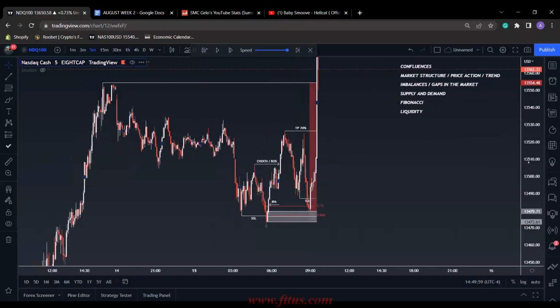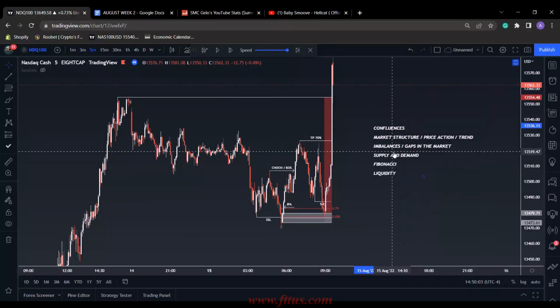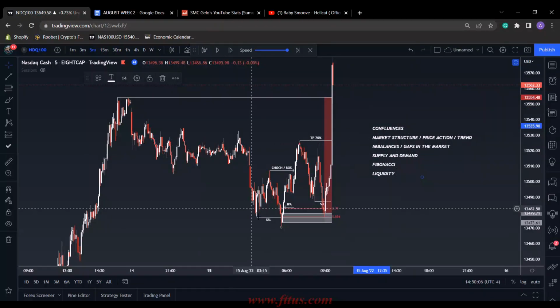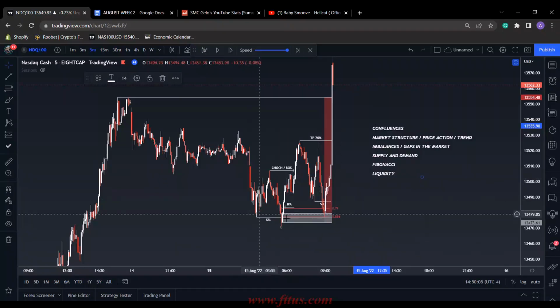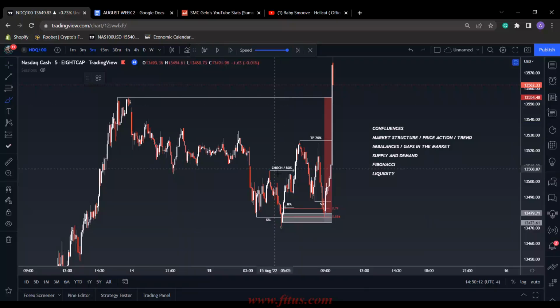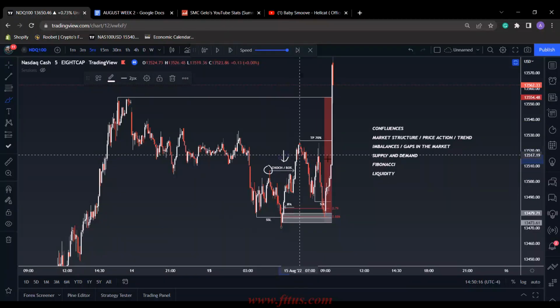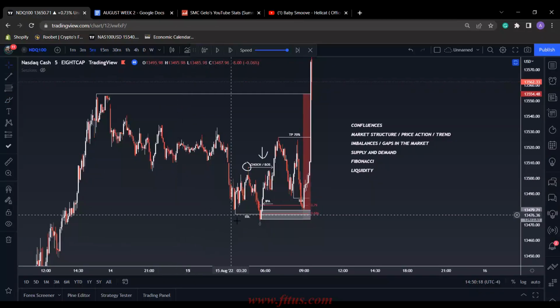And boom, this is literally all of our confluences right here. We had a market structure, okay, we had liquidity, so liquidity got swept. It broke this swing high, so the swing high got broken, resulting in our change of character. Now it formed a high.